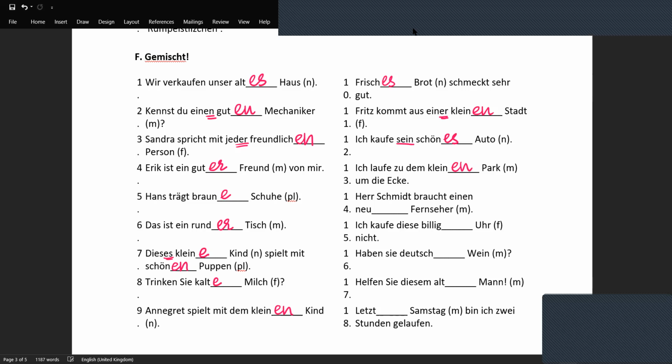Herr Schneider braucht einen neuen Fenster. Accusative masculine, and the article is ein, so neuen, no, einen.